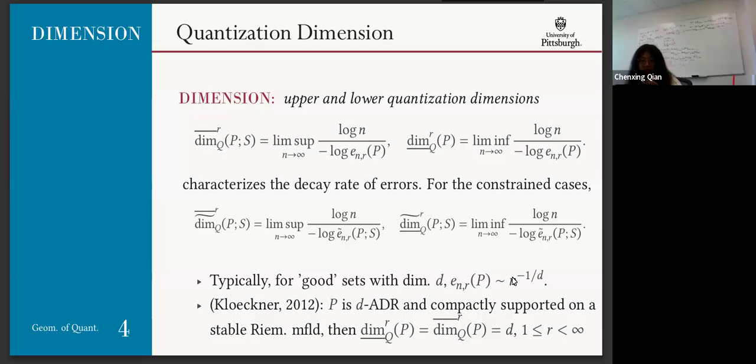The quantization dimension in this case coincides with other dimensions like the Hausdorff dimension, Minkowski dimension, and the regularity dimension. Precisely, Kloeckner studied, 10 years ago, the quantization dimension on a compact Riemannian manifold. If the probability is absolutely continuous, then the upper and lower quantization dimension in the unconstrained case equal the dimension of the manifold itself.